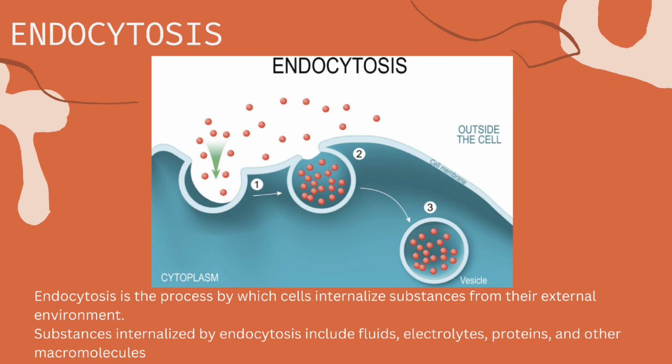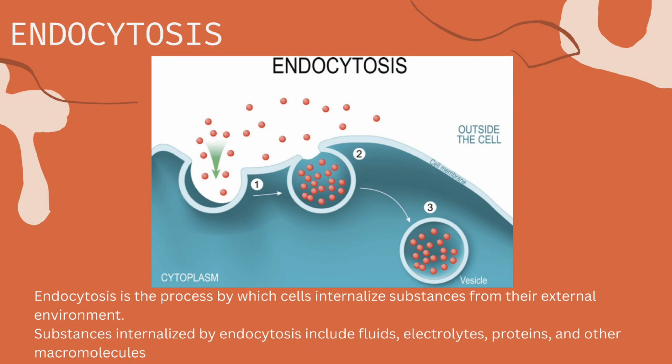The process of endocytosis can be summarized in three basic steps. Number 1, the plasma membrane folds inward, or invaginates, forming a cavity that fills with extracellular fluid, dissolved molecules, food particles, foreign matter, pathogens, or other substances. Number 2, the plasma membrane folds back on itself until the ends of the infolded membrane meet.